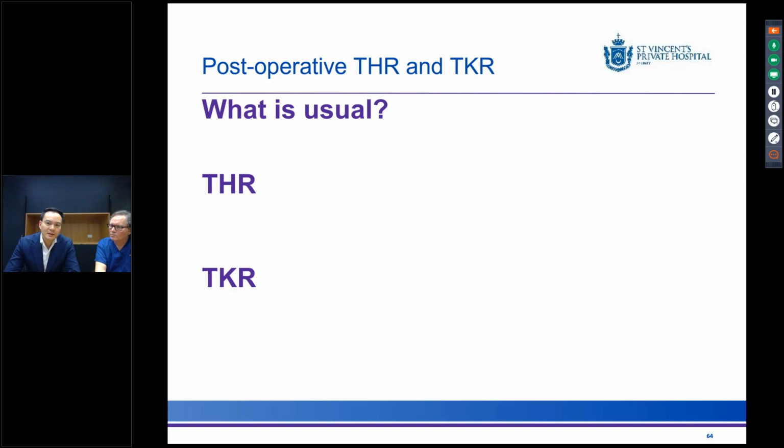In terms of assessing what is going on, I guess it's important to have an idea of what is the usual recovery from the joint replacement. It's going to be different for every patient. It often can depend on their preoperative status and function and their other sources of musculoskeletal pain.